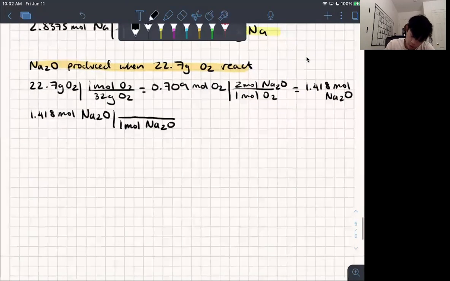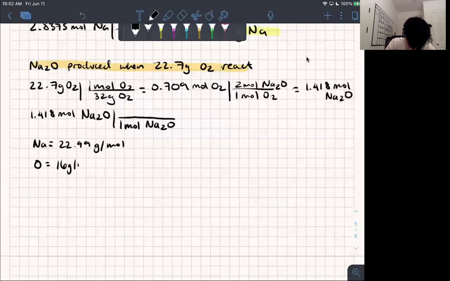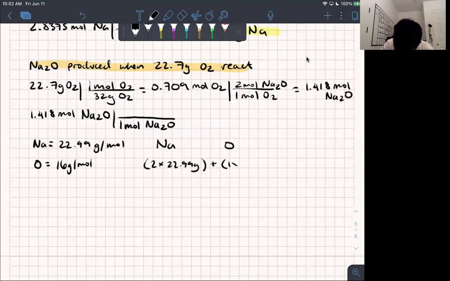We know that sodium equals 22.99 grams per mole, and a single oxygen atom is 16 grams per mole. Since there are 2 sodiums and 1 oxygen, we multiply the mass of 22.99 grams by 2 and add that to 1 times 16 grams.